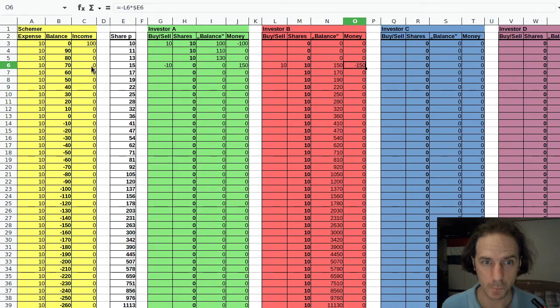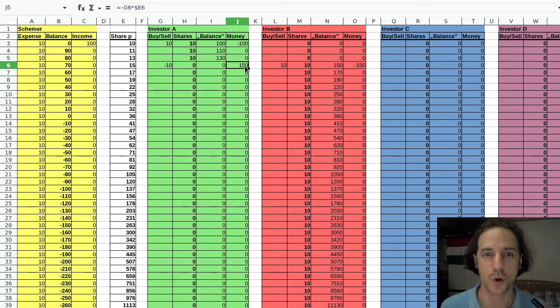And what you can see here is that for our scheme to just operate without an issue, just to get back to where it was, so have a 0 income here, we have to find someone who puts in the equal amount to what we pay out. So the next person's principal is used to pay back the first investor's principal plus interest.